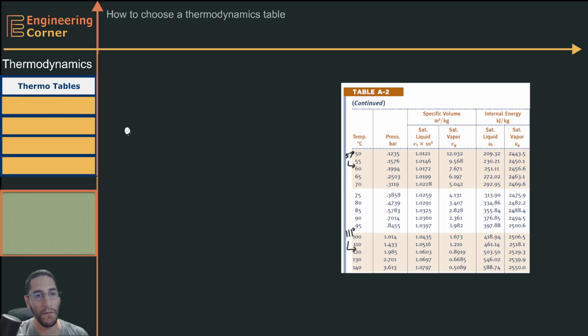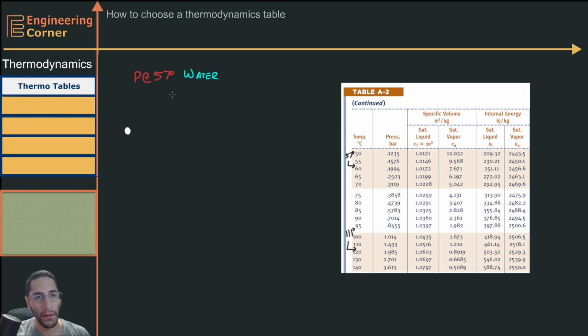So let's say I want to figure out what is my pressure at 57 degrees, and I'm using water. I'm using water, so this is table A2, so I'm using my temperature.